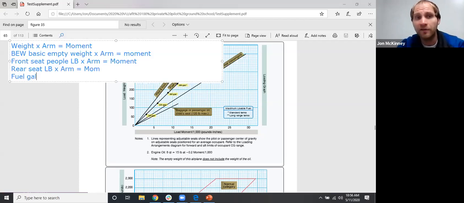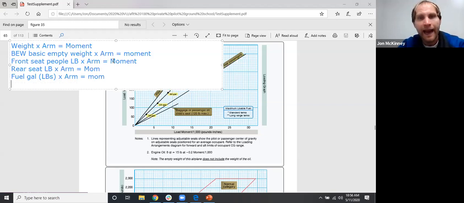Fuel can be in terms of gallons, but you really need to know the weight, the pounds, LBS. We know that fuel weighs 6 pounds a gallon. You'll need to know that information, times the arm station that fuel is at, that'll equal the moment for that particular case. The only other thing left would maybe be baggage.